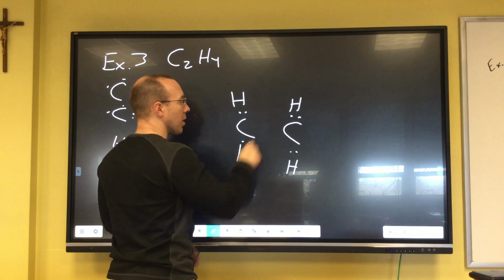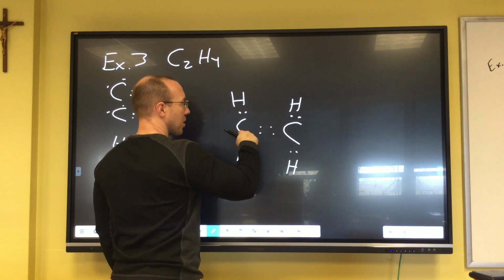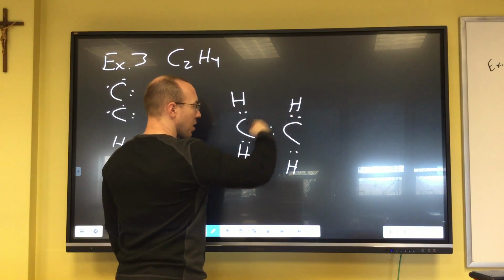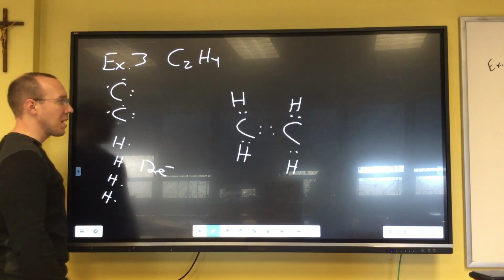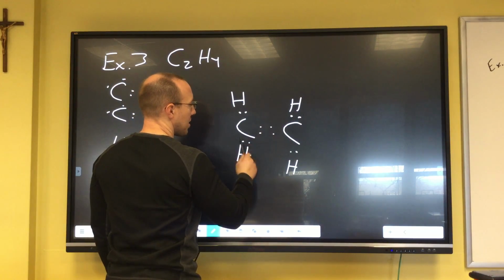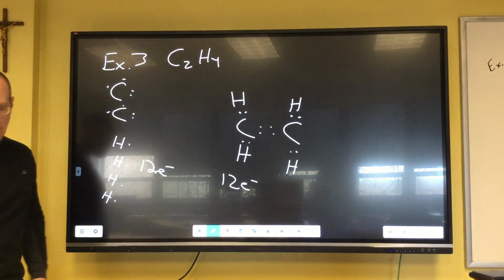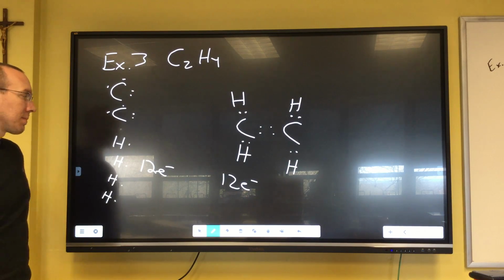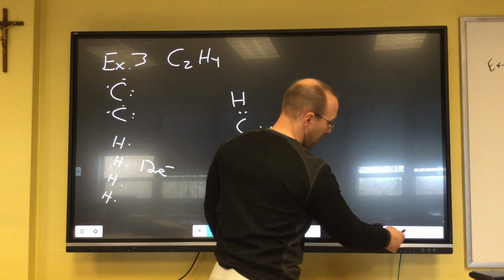So we need 4 more. 2, 4, 6, 8 for this carbon. 2, 4, 6, 8 for this carbon. So each carbon has 8. Each hydrogen has the single bond. Let's count them up. 2, 4, 6, 8, 10, 12. 12 total electrons. It's perfect. Each carbon has 8. Each hydrogen has really 2.